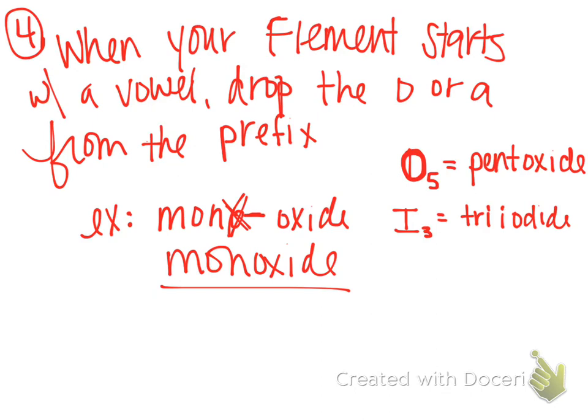Okay, let's try some. We'll start with the compounds and then we'll go from words to compounds. So our first element is sulfur. It does not need a prefix because there's only one of them.